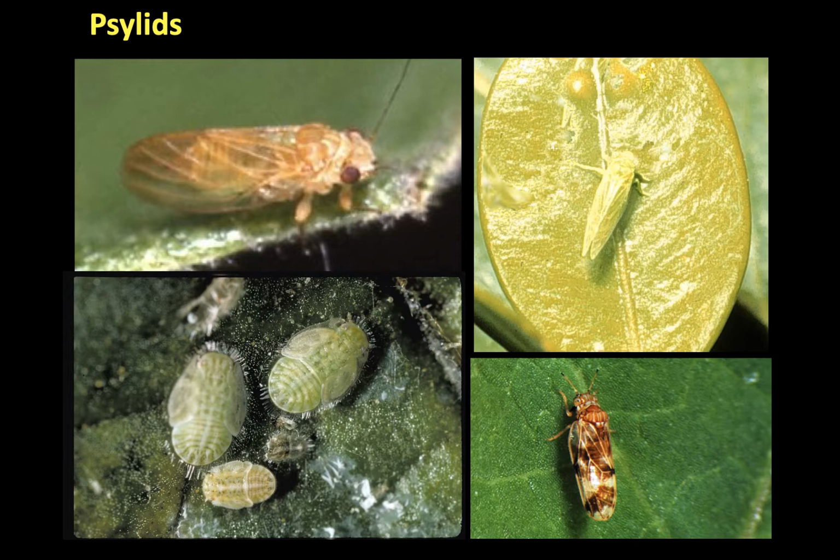So their genome, again, is much smaller than any other bacterial genome, and they do end up producing necessary compounds for the psyllid so that they can actually survive on that nutritionally poor sap.